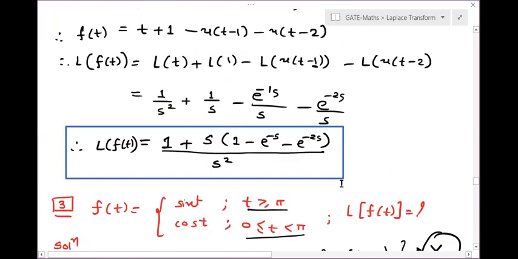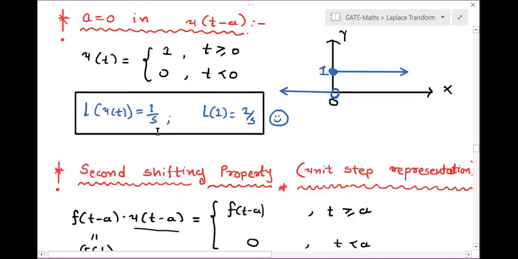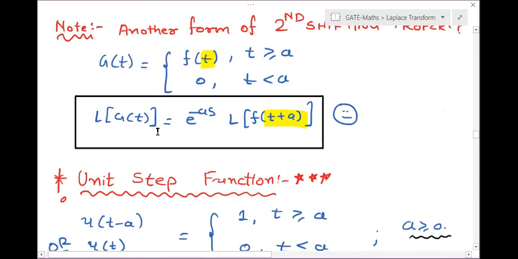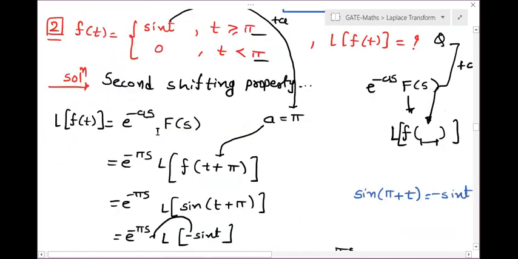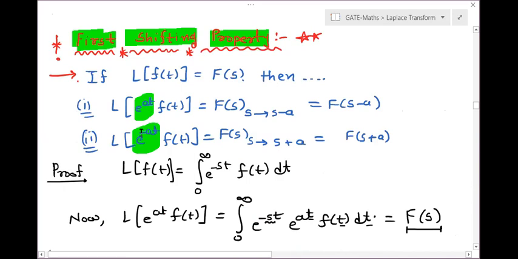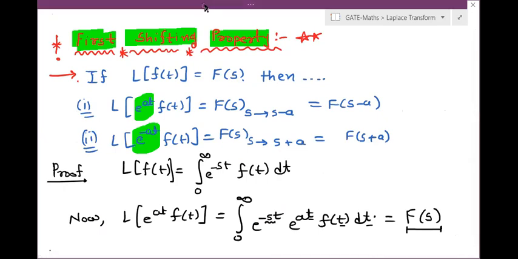Where you should use minus a and plus a. For first shifting property, if minus a is multiplied, you have to change with s plus a. If plus a is multiplied, you have to change with s minus a.